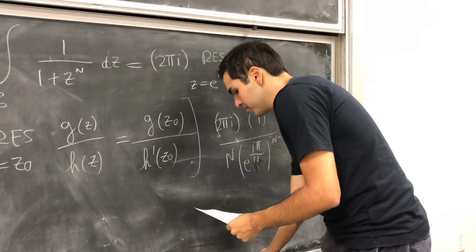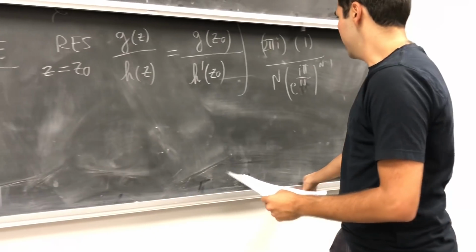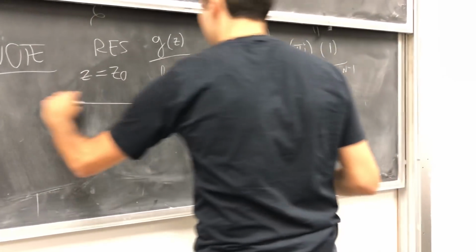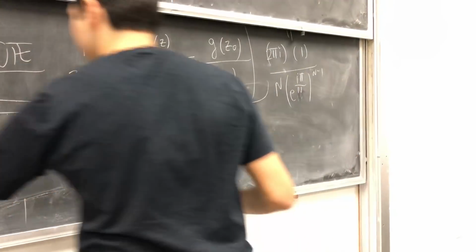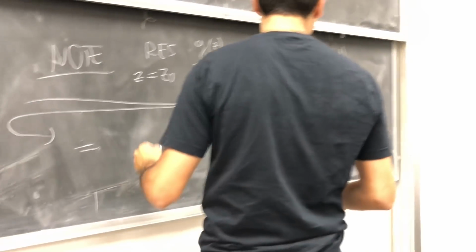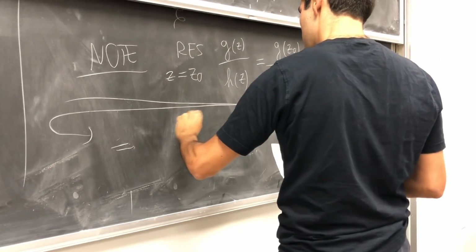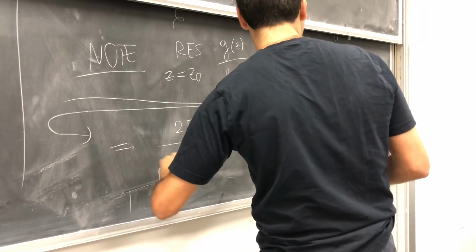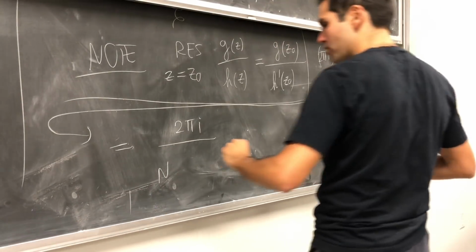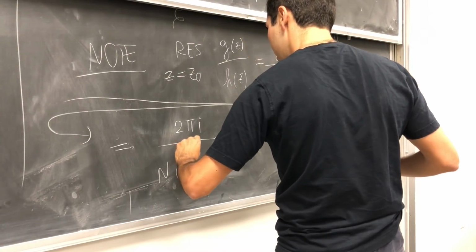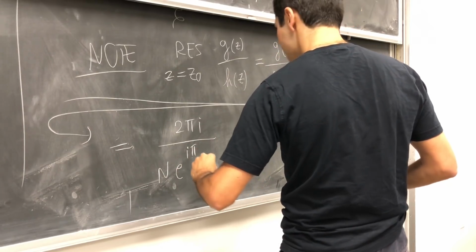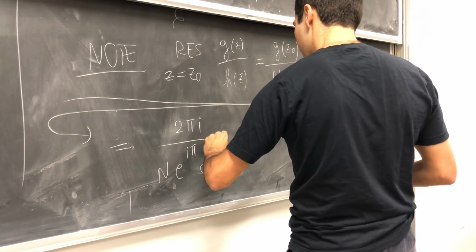So you get, again, 2 pi i over n e^(i pi over n), which becomes e^(i pi) and then e^(-i pi over n).